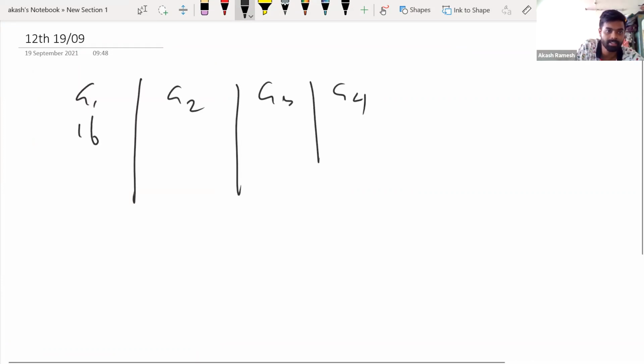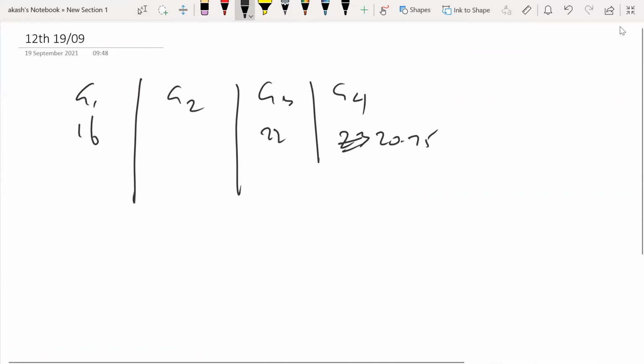Group 1 has 16. Group 2 had how much? Group 3 has 22, group 4 has 20.75. How much is group 2? 17.75.